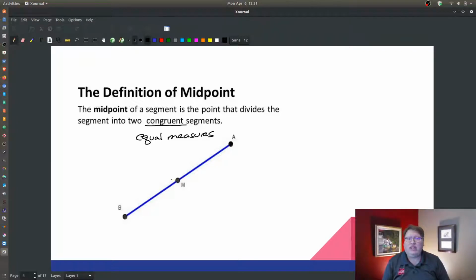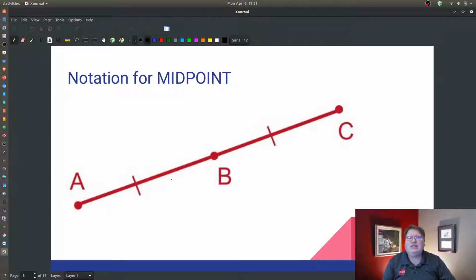The notation for that is this: I would mark a tick mark on this segment and on the other piece. Anytime in a geometric figure you see a tick mark on two different segments, that's telling you these two segments are congruent, or they have equal measure. They're the same size, the same length.